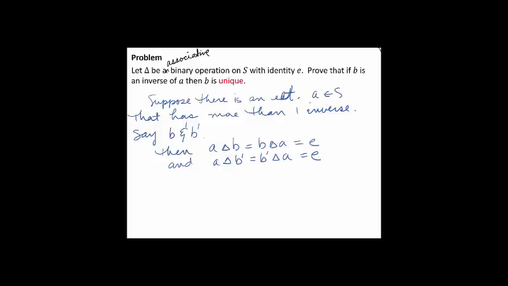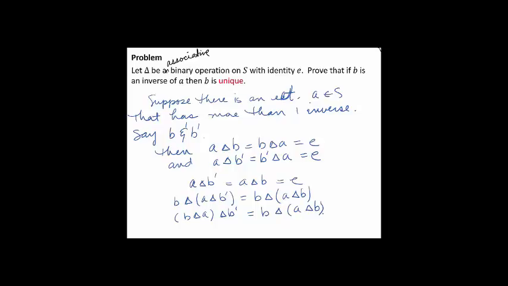So after a little thought, I'm going to write A delta B prime is equal to A delta B, which is equal to E. Now I'm going to multiply by B. I get B delta A delta B prime equals B delta A delta B. But now we said that this was an associative operation, so I can say that B delta A delta B prime is equal to B delta A delta B. There's other ways you could do this.